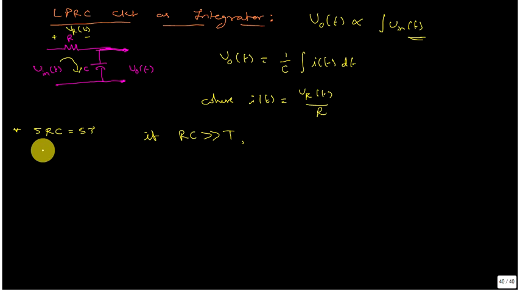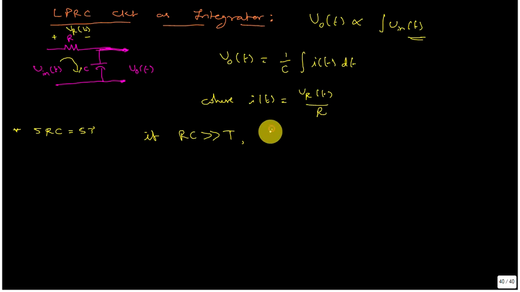But the time you are applying is very small compared to 5 times RC. So the capacitor cannot reach the final value. It is not even able to reach a significant amount.